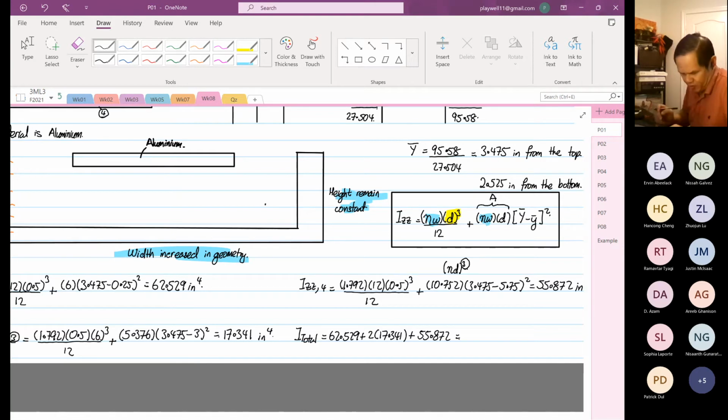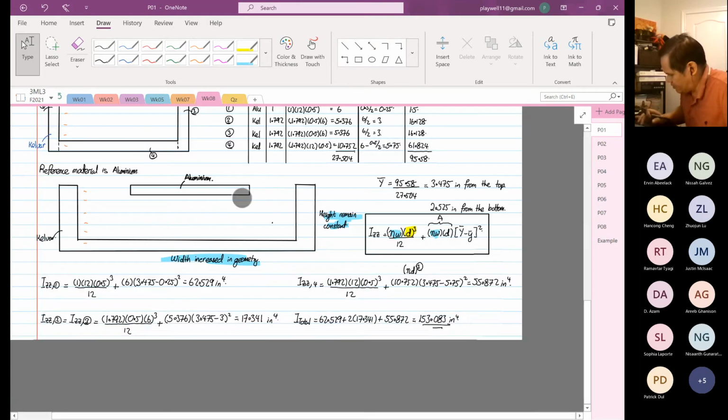I get 153.083. So 153.083 inches to the power 4. Okay, let me do it again. 62.529 plus 17.341 times 2 plus 55.872. 153.083. Okay, right. So now we have everything now.